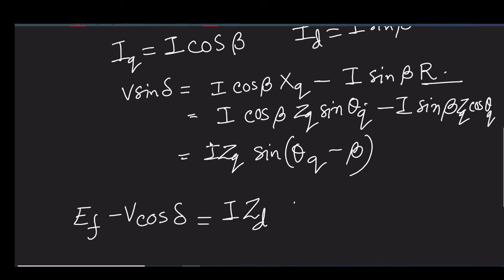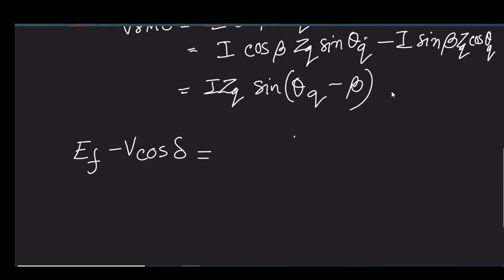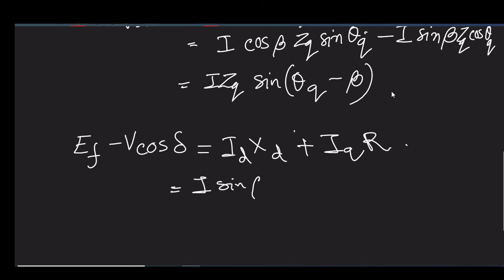Well, if we follow this format identically, we should get I Z sin, sorry, no, we need to do it. Here it is I ID XD plus IQ R. So it is equal to I cos, I sin beta. XD is how much?